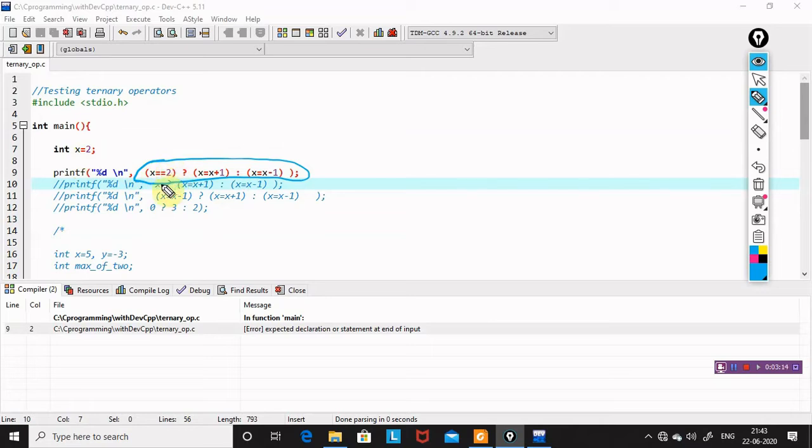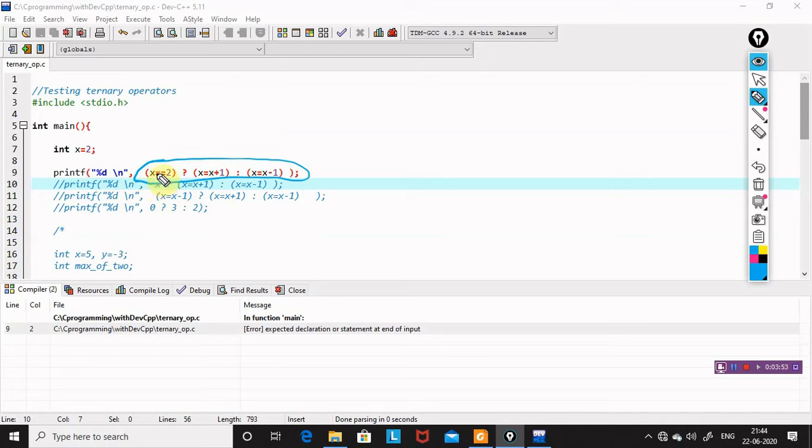Now if this test condition is satisfied, that is the result is yes or true, then the expression following the question mark is evaluated and its value is returned as the value of the whole expression and printed over here. On the other hand, if the result of the test condition is false, then the expression following the colon symbol is evaluated and its value is returned as the value of the whole expression and is printed in this place.